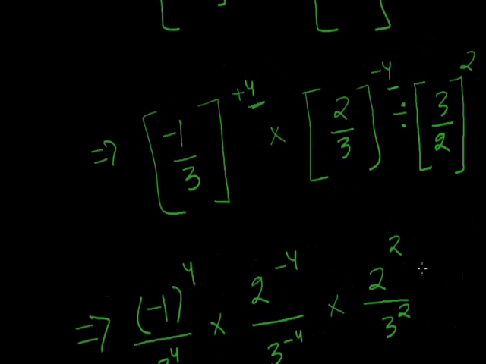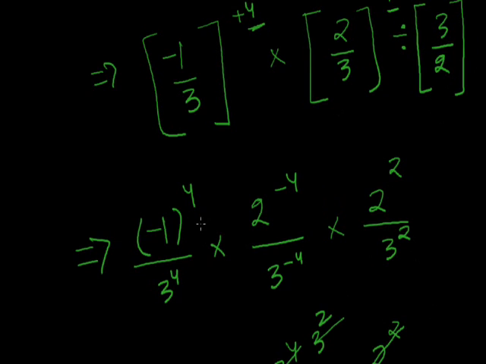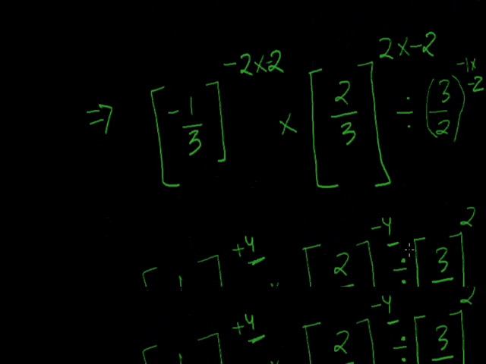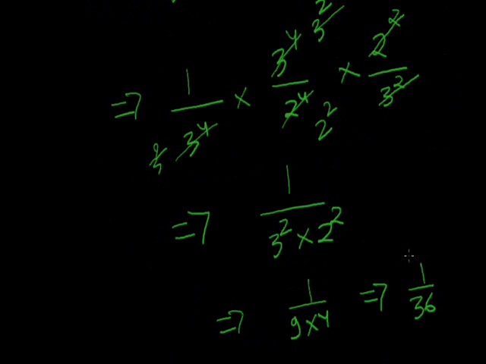After solving this expression, we will get minus 1 raised to the power 4 divided by 3 raised to the power 4. In the second expression, when we take the reciprocal of the number, we will get 3 divided by 2 and the power in the negative form gets converted into positive form. We will get 3 upon 2 whole raised to the power 4 multiplied with 2 raised to the power 2 upon 3 raised to the power 2. After solving this whole expression, we will get the answer as 1 upon 36.